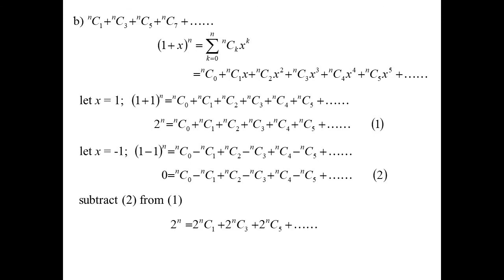And I get 2^n ends up being 2 lots of nC1, 2 lots of nC3, 2 lots of nC5, and so on and so on. Divide by 2, and we have our result. If I wanted all the even ones, then I'd do exactly the same thing, but just add the 2 together. And its total would end up being exactly the same, 2^(n-1) as well.